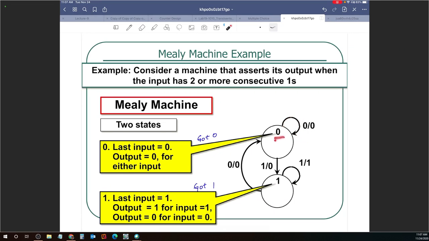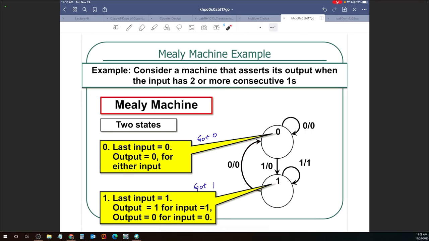If you got a 0 and your next input is a 1, your output is still a 0, but you go to state 1, which is got 1. If you are in state 1, which means you got a 1, and you get another 1 or more than 1, you stay there and your output is 1. And the moment you get a 0, your output becomes a 0 and you go back to state 0.